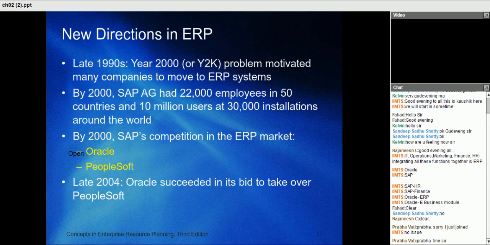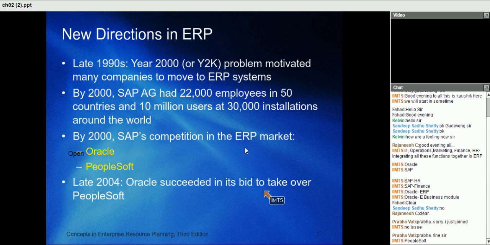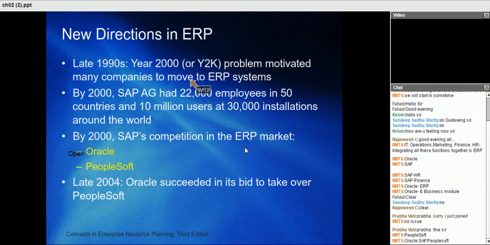So I have told you the names of two companies in ERP. There is one more company in ERP solutions that develops ERP systems, PeopleSoft. So you have three players in the market: Oracle, SAP and PeopleSoft.